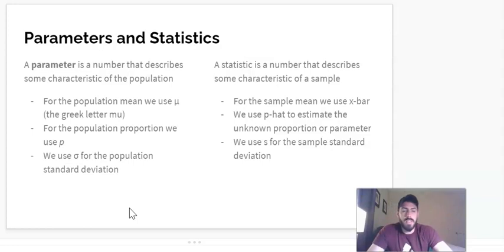We talked about that a couple units ago. That's what we use to talk about the statistic. Then for population standard deviation, we use the lowercase sigma, whereas we'll use just the lowercase s for a sample standard deviation. That's the big difference in those terms.